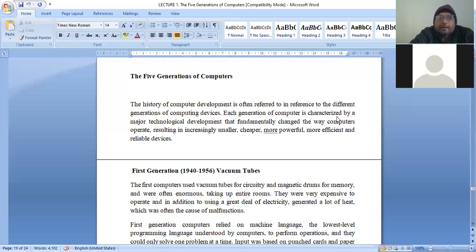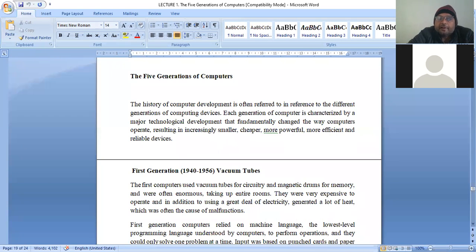Now, with each generation, the computer is becoming day by day smaller and cheaper, that means low cost, more powerful, more efficient to work, and a reliable device.